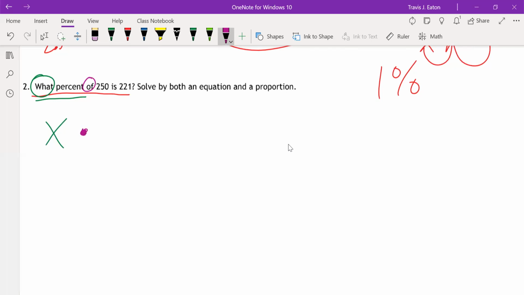Always. And then 250, well, 250 just means 250, people. It's a number, right? Is, the word is means equals. It always has, always will. And one last thing here. And 221 is just 221 because it's a number.